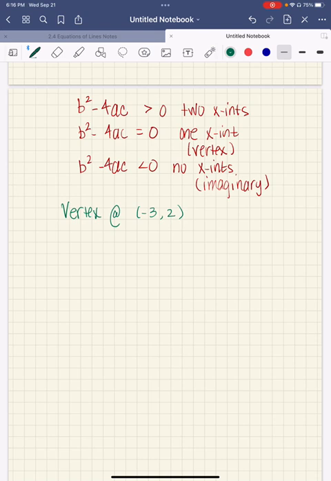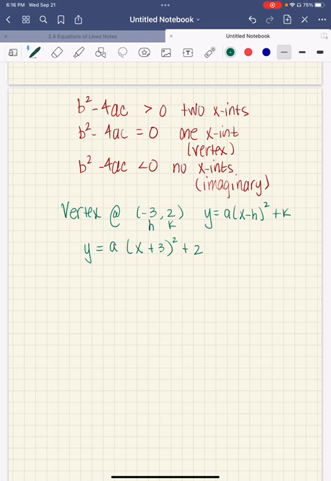If I know the vertex, I'm going to write it in vertex form using h and k. Vertex form is y equals a(x minus h) squared plus k. A, which I don't know, you cannot assume it's 1. X minus h, so in that case this becomes x plus 3 squared plus k.